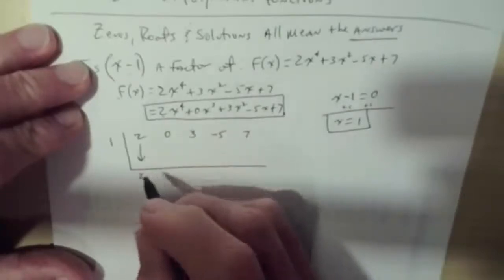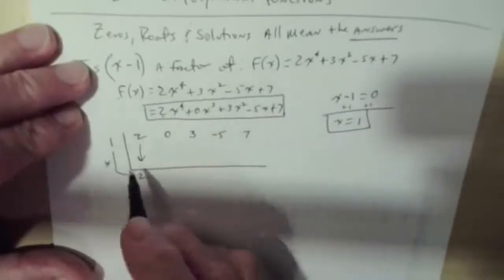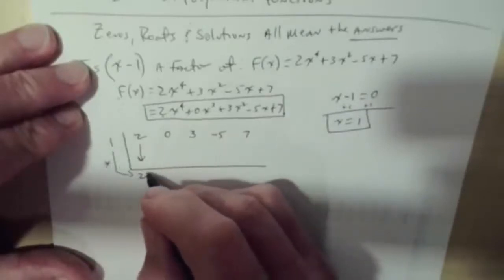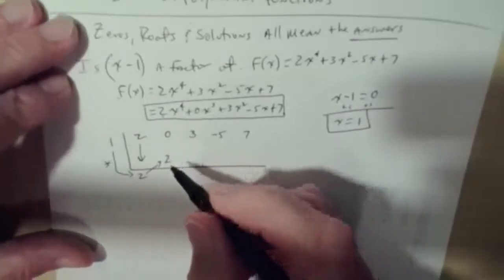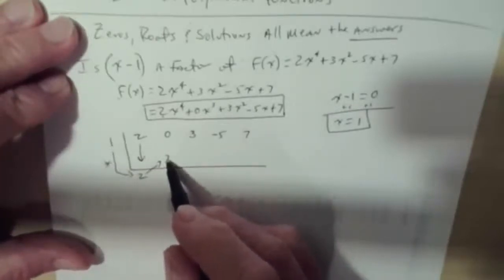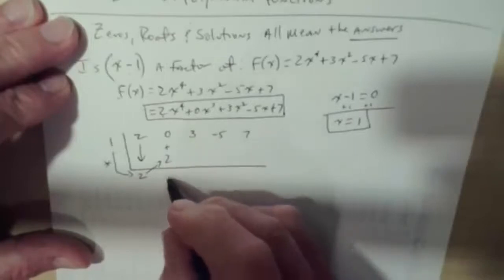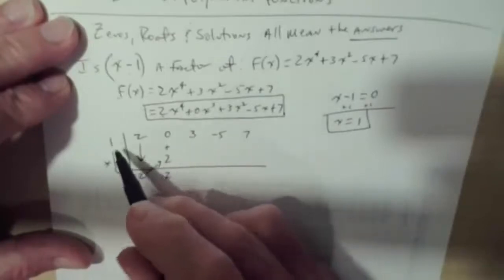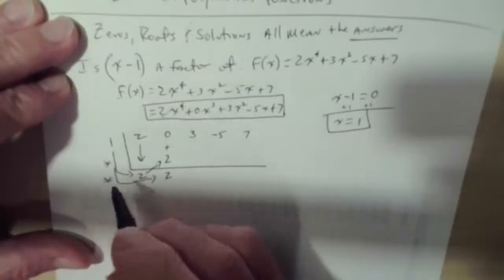Bring down the 2. Now we do 1 times 2. 1 times 2 is 2. We put the 2 here. Now we add these two together. That's 2. And again, 1 times 2 is 2.